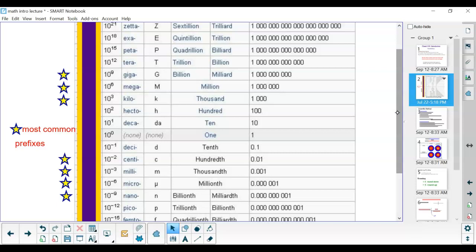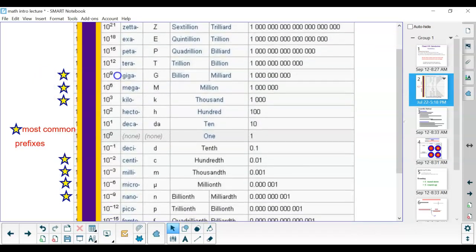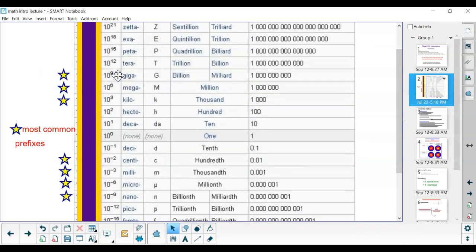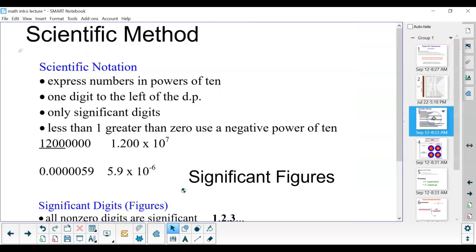So you're going to want to make sure that you know what these different prefixes are and the power that goes with them. I've included a YouTube video on the scientific method and some reading. You can go through that on your own.